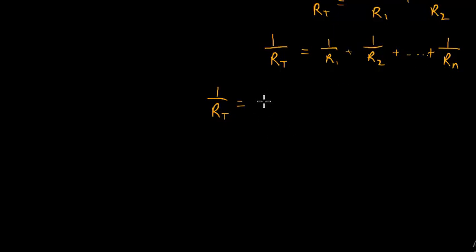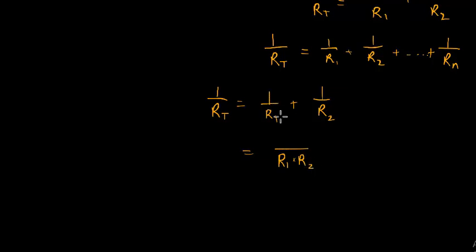So I think what will make it the easiest is just by looking at 2 resistors for now. So let's look at 2 resistors for now, and if I were to add these two together, if I had to calculate the total resistance, this is what I'll do. I'll add these two fractions together, and that will give me R1 times R2. So I'm trying to get a common denominator.